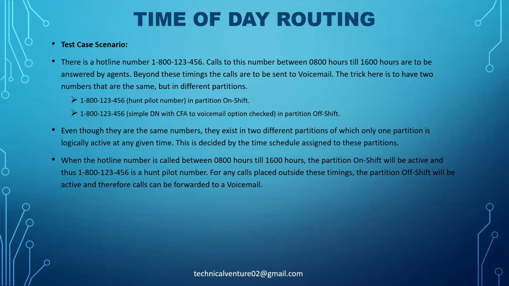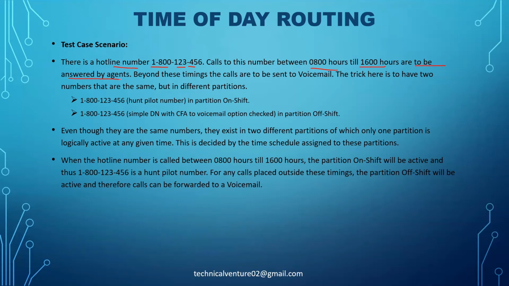So this is our test case scenario. With the help of this, we are going to show you how we can configure these things. There is one hotline number, 1-800-123-456. Our scenario is that calls to this number between 8 hours till 4 hours are to be answered by agents.